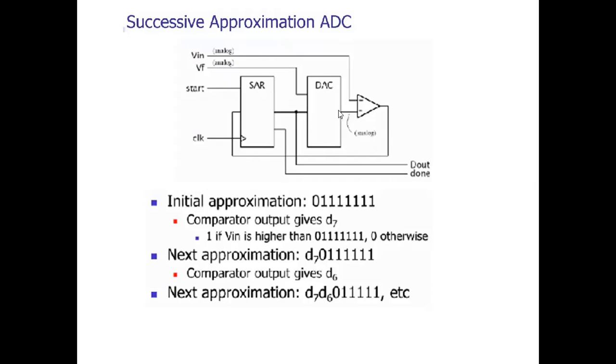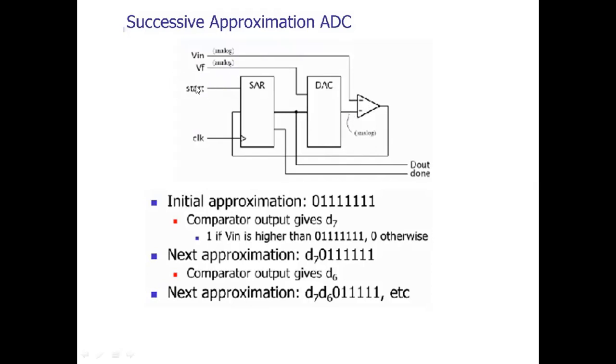This analog output is applied to the inverting terminal of the op amp, which is used as a comparator. The comparator will compare the input voltage Vin with the converted analog signal of the reference voltage.